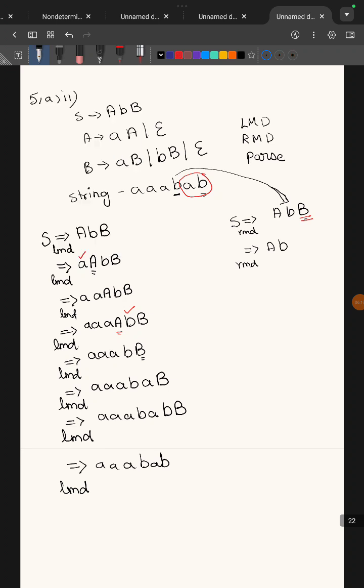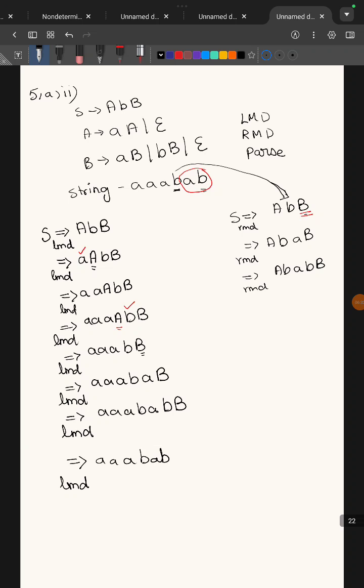We will be replacing A B first. Then we will replace AB with BB. Now what we got is this AB over here. Now this time the rightmost variable B, we will put as epsilon.